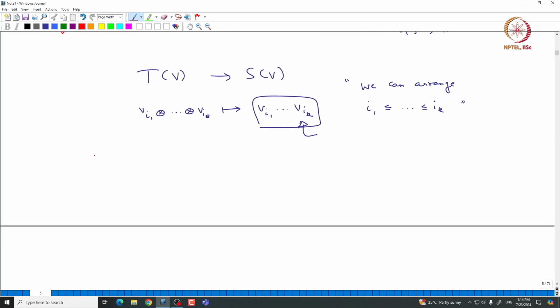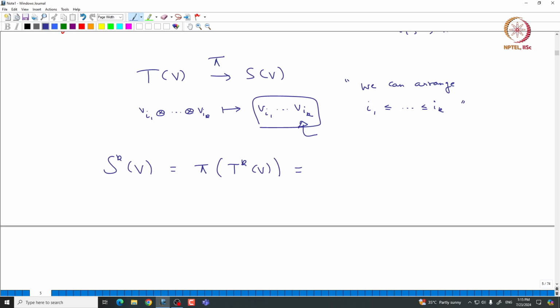So, that means all we do, we can take this Sk of V. Let us call this quotient map pi, then you take pi of Tk of V. That is your Sk of V. Okay. So, by definition it is indeed the kth symmetrized tensors.